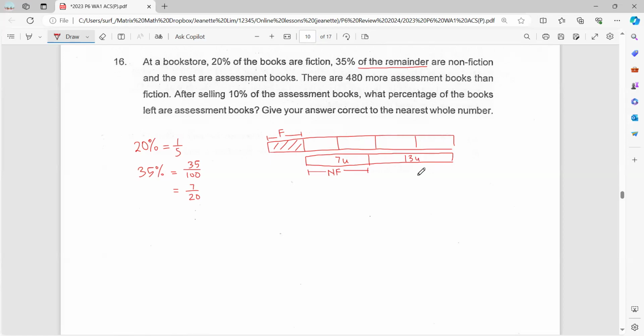And this is for assessment books. Now, don't forget that if this is 20 units, I have to make this the same number of units because they are supposed to be equal, right? To make this 20 units, I have 5 each. 5, 10, 15, 20. So similarly for this unit here, I have to write down 5 units.